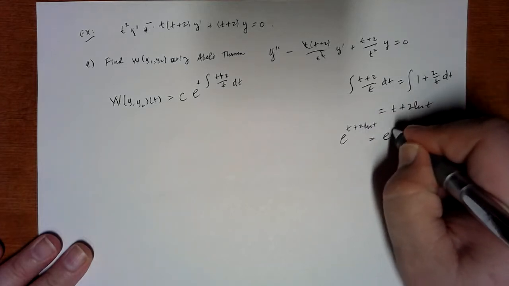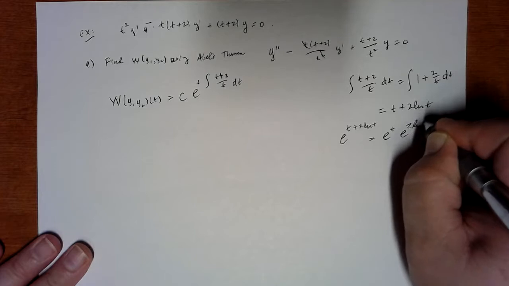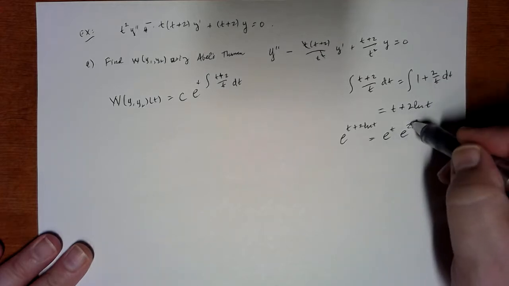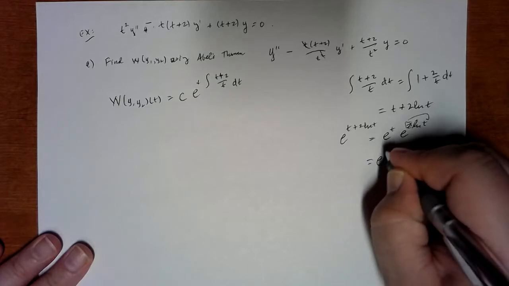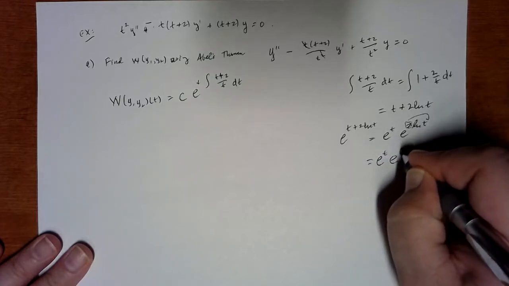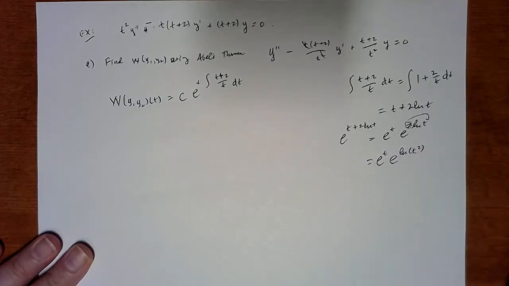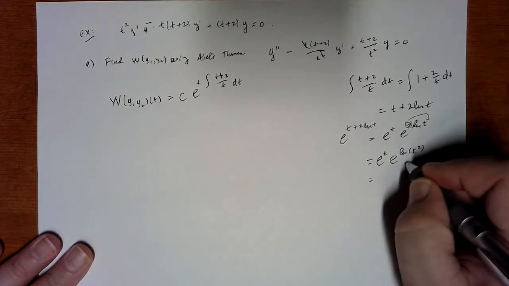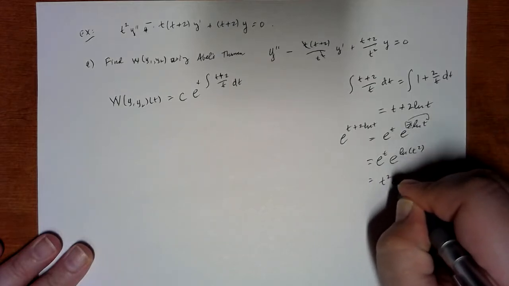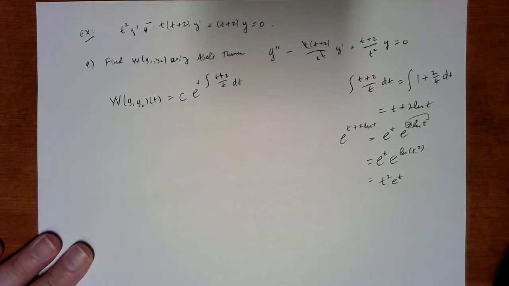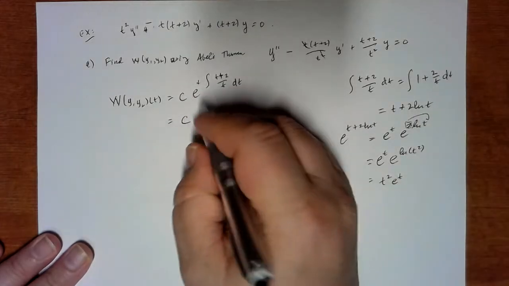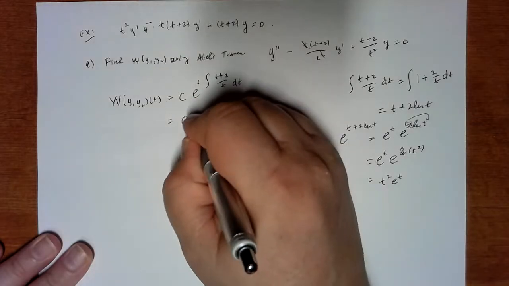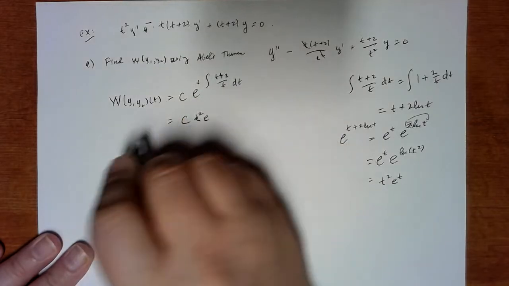So that's going to be e to the t times e to the 2 natural log of t. The 2 comes out around the top, right? So that's going to be e to the t times e to the natural log of t squared, which is t squared. So we end up with t squared e to the t. Okay, did everybody follow the algebra there? You can rewind it if you'd like to. C t squared e to the t.